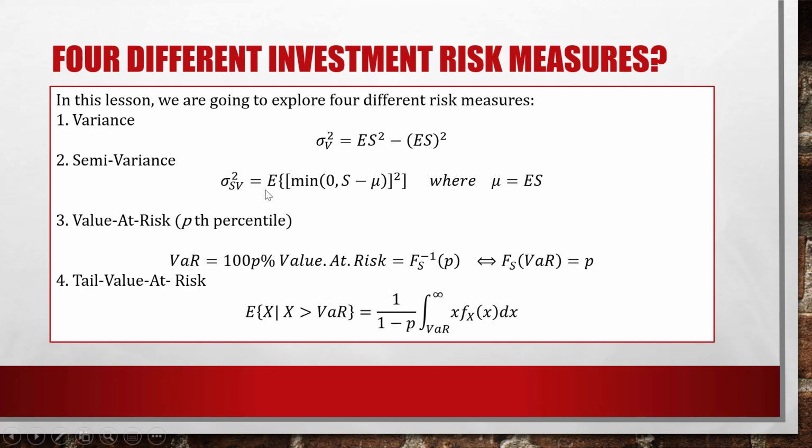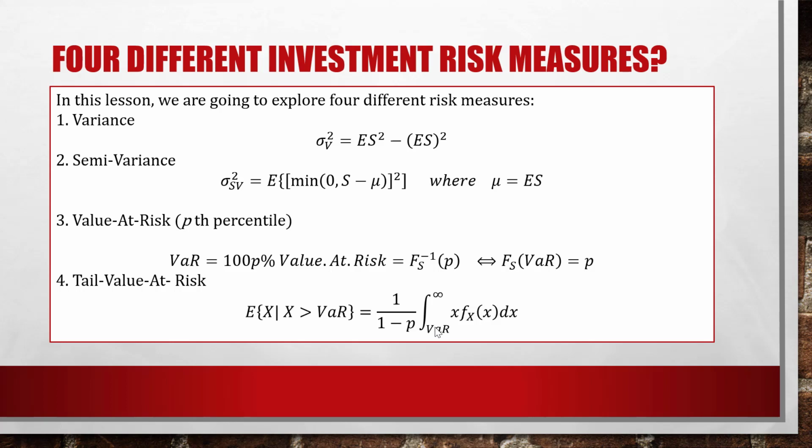And here we consider a continuous distribution, so we take the integral from the value at risk to infinity of x times f(x) dx, divided by 1 minus p. So this is how we compute the tail value at risk. These are the 4 different risk measures that I want to introduce today in order to measure investment risk.